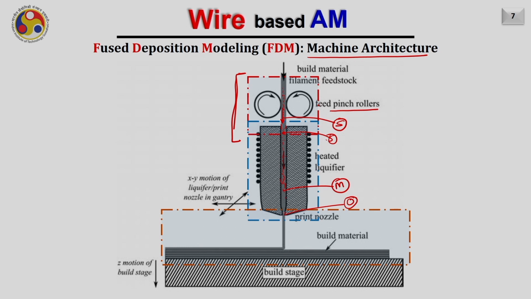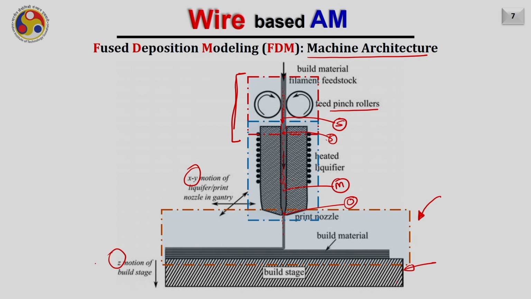Once the molten material is extruded out of the nozzle, it gets deposited on a substrate. And this is the third subsystem or the third module of the machine, which is nothing but the relative motion between the substrate and the deposition nozzle. It usually consists of three motions, the XY motion and the Z motion.